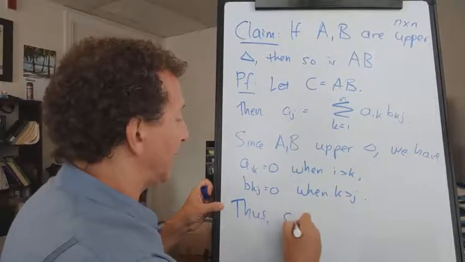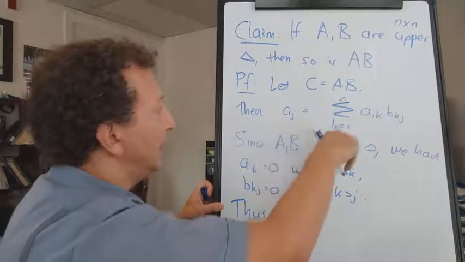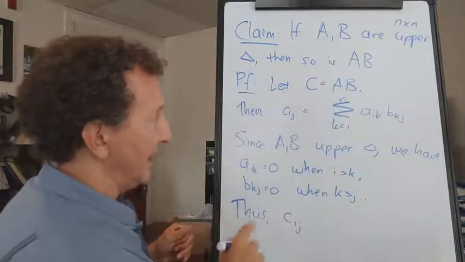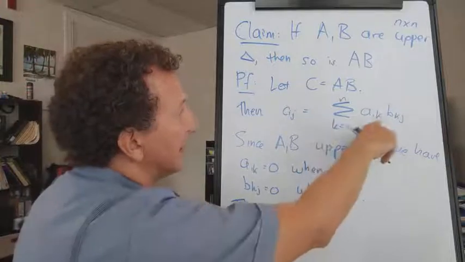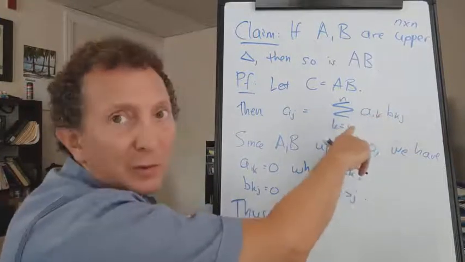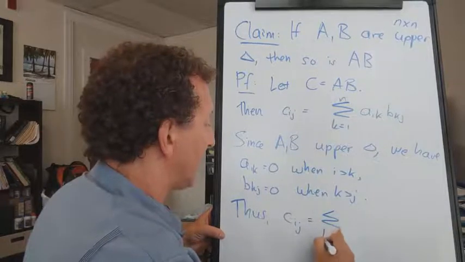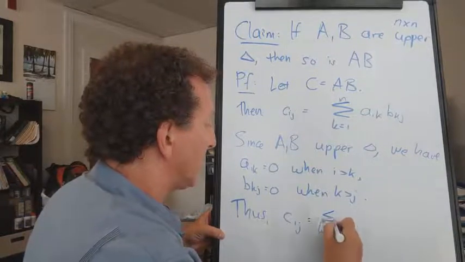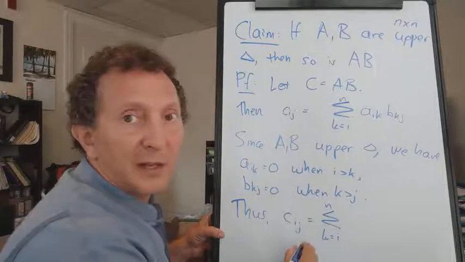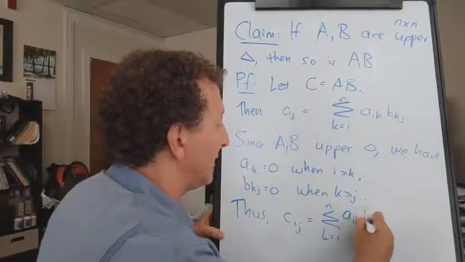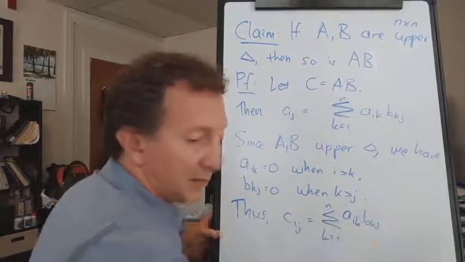So that means that we can rewrite C_ij. We don't need to sum from 1 to n, we can just sum from i to n, because if k is less than i, this is going to be 0. So we can sum as k goes from i to n, a_ik b_kj.